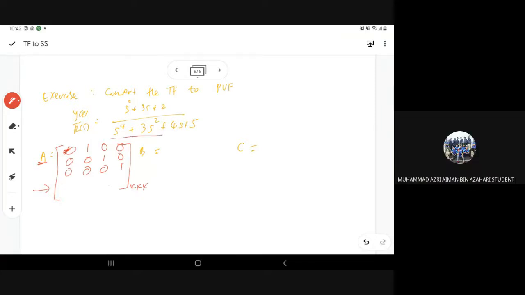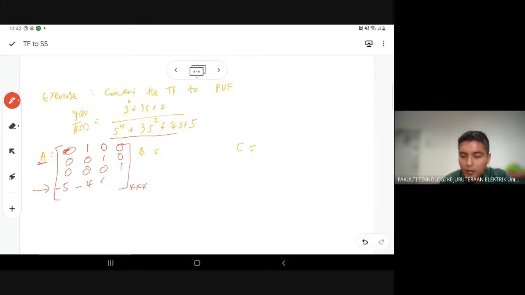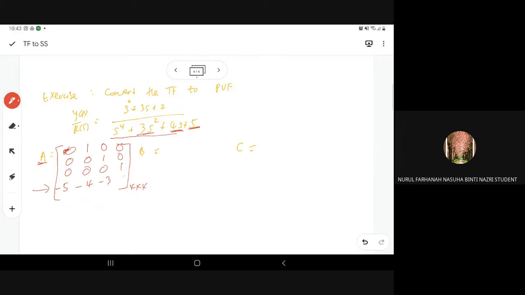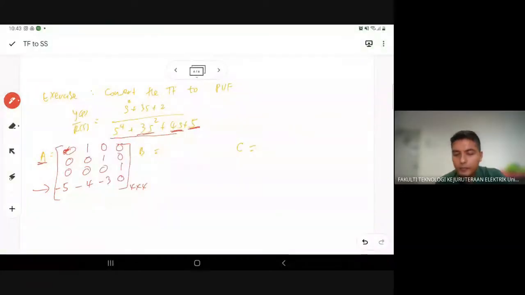Looking at the numbers, negative 5, negative 4, 0, and negative 3. Sorry, I need to go back here. Is it correct? Negative 5, negative 4, and then negative 3, and what value will be here after that? 0. Yep, that's correct.